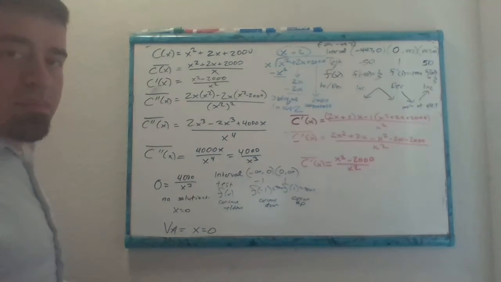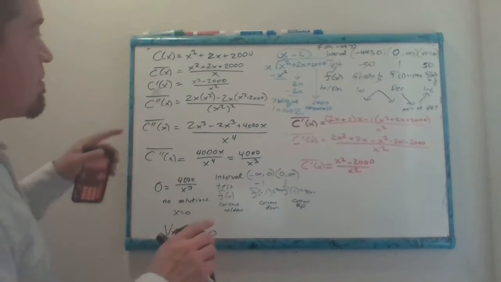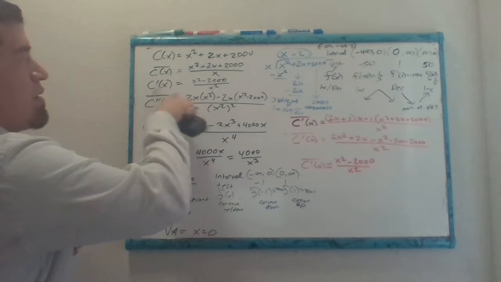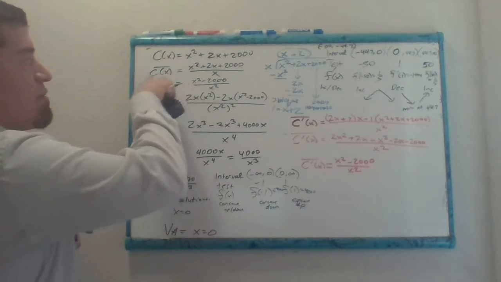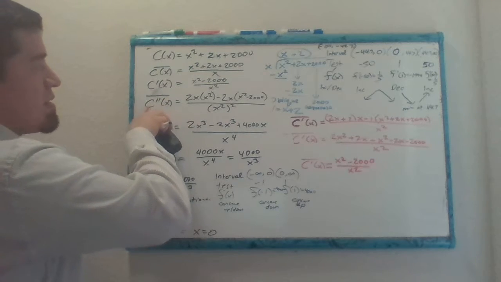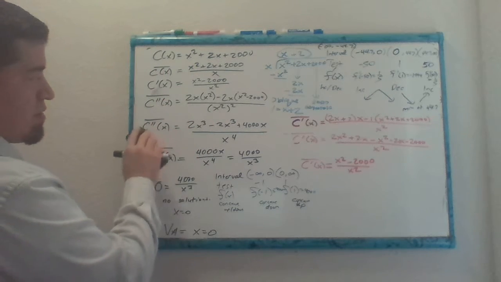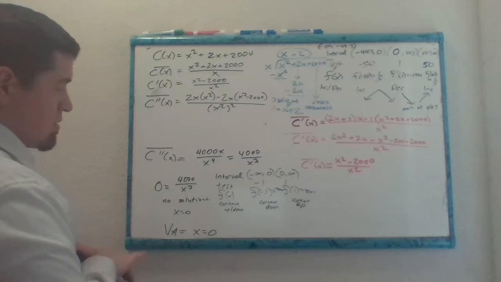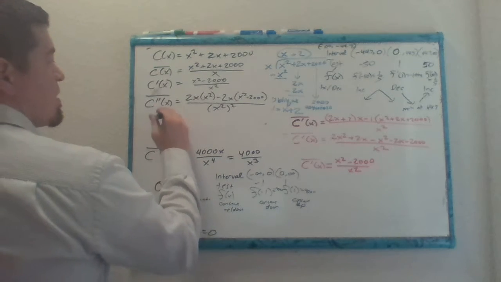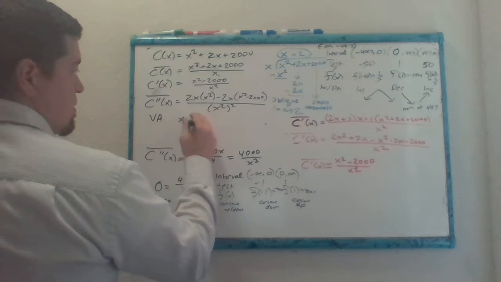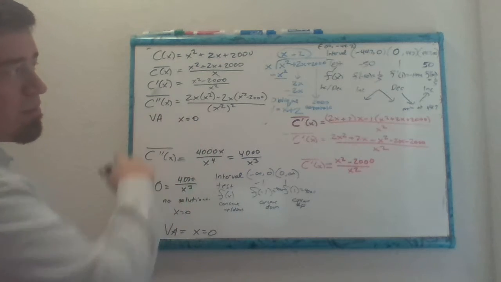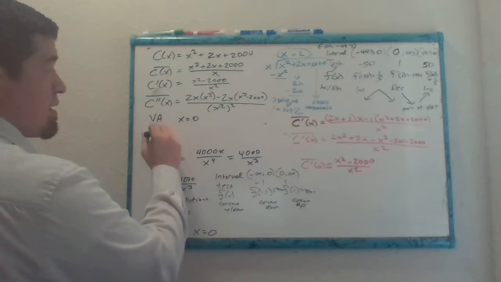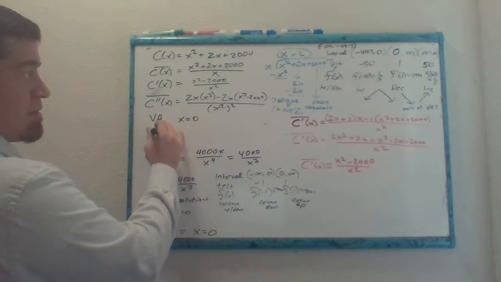On the graph, I'm going to summarize some of the things. I wrote in here the derivative. So I have the original average cost function, derivative, and second derivative. I'm putting all this here before I graph it, and I'm going to give myself some more space to graph it. I'm also going to need that the vertical asymptote is x equals 0. If you remember, we didn't have an x-intercept or a y-intercept.